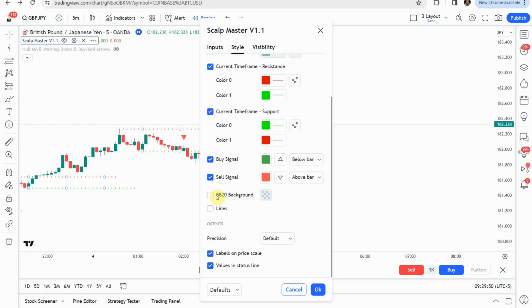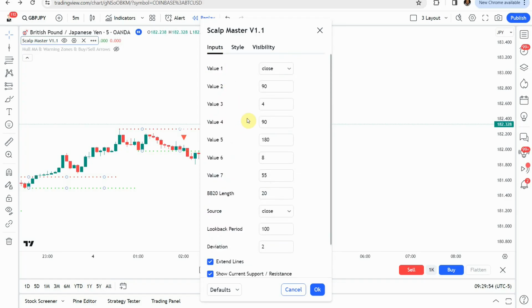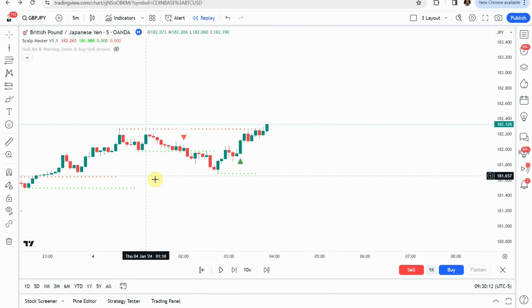You'll turn off this selection here and this selection here. Under the inputs, we're going to change a few of these. Value 2, we're going to change to 90. Value 3, we're going to change to 4. Value 4, we're going to change to 90. Value 5, we're going to change to 180. Go ahead and click OK, and it should look like this right here.